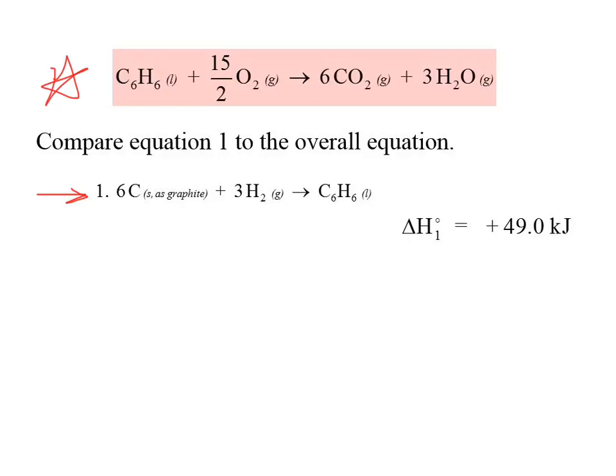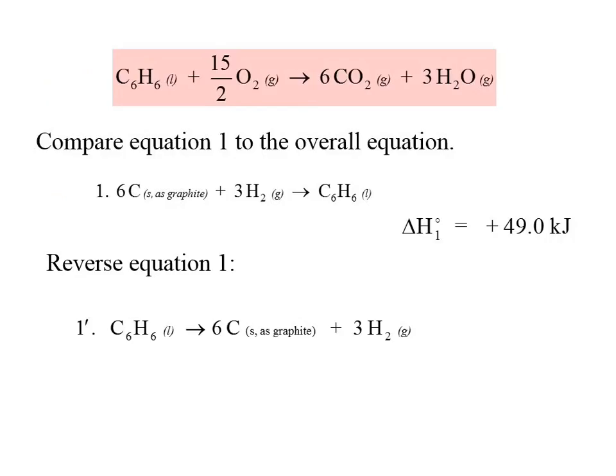So in this one, if we focus on the formation of benzene, the reaction of interest has benzene as a reactant, not a product. So we talked last week that we can swing it around the reaction arrow, but what happens to the enthalpy? Becomes negative. Yep, exactly. So we're going to swing it around. The convention I use, as you prepare these baby equations to be added up, is to step it up from equation 1 to equation 1 prime.